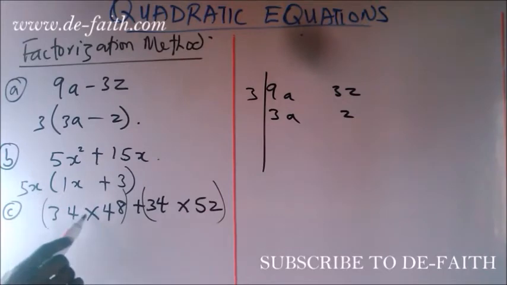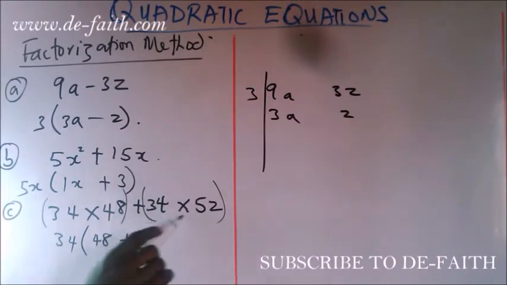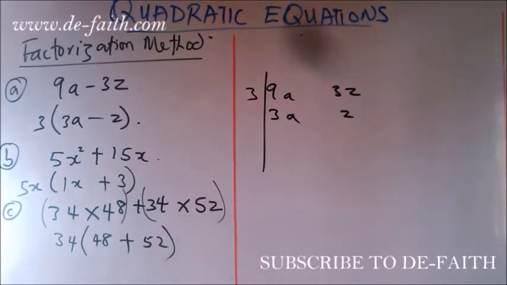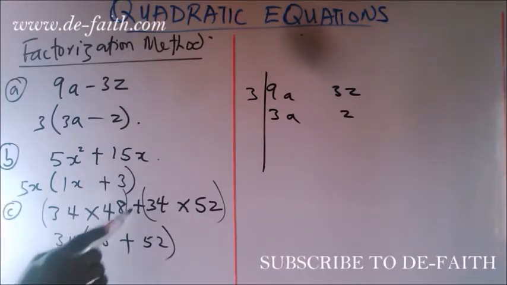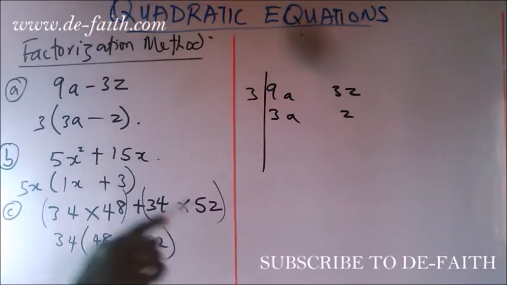Now if you look at 34 times 48 and 34 times 52, there is something which is common. And what is it that is common? We have 34 into brackets 48 plus 52. So what we have done is to bring 34 outside, and we could go back and get this by having 34 times 48, which is this, plus 34 times 52, which is this.